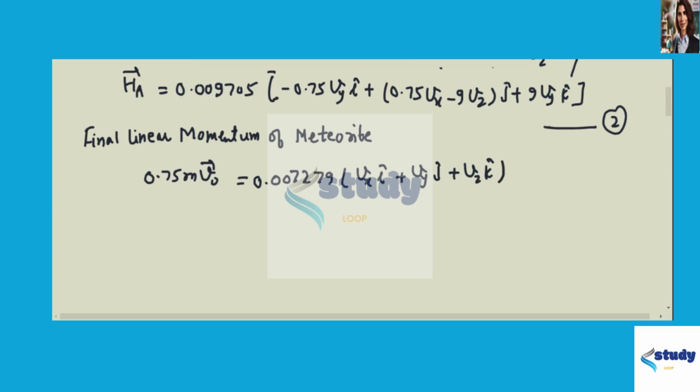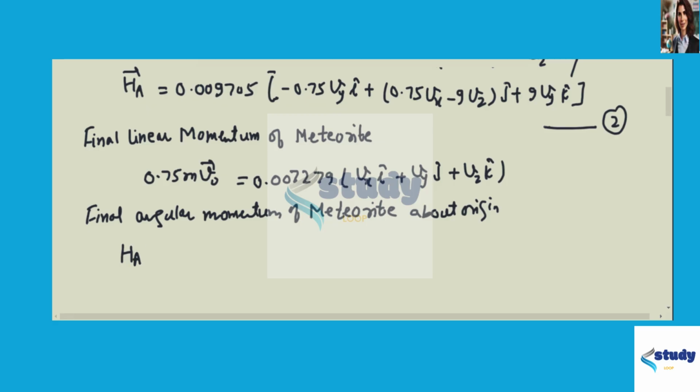So final angular momentum of meteorite about origin. This is initial and this is final.